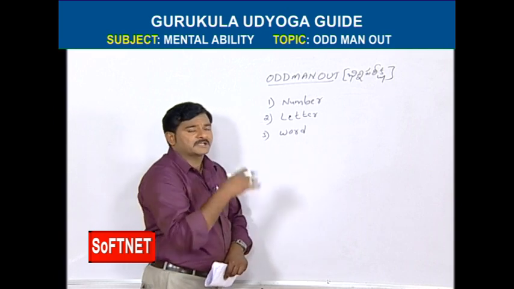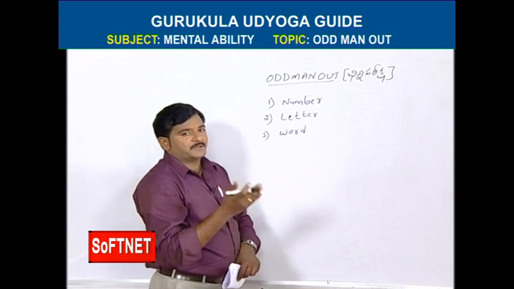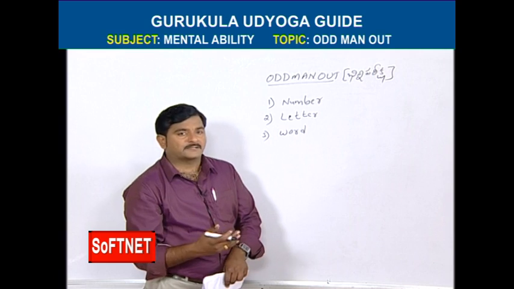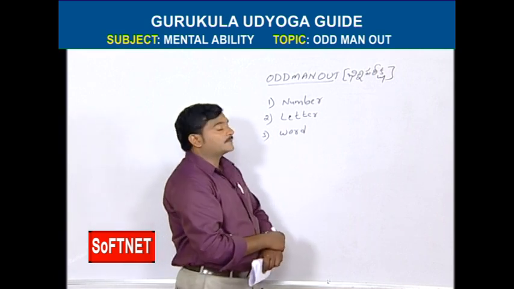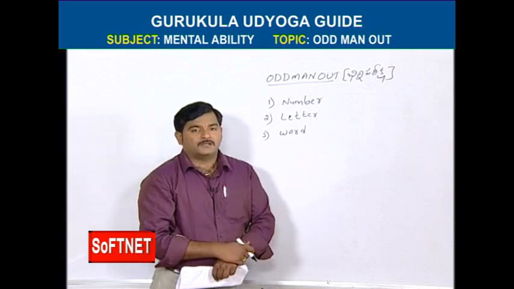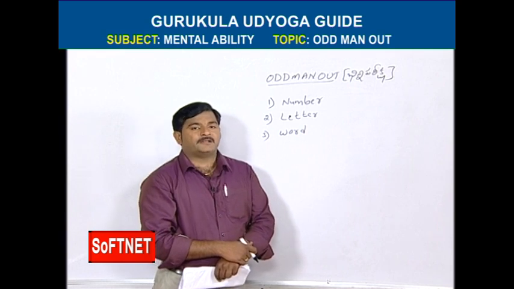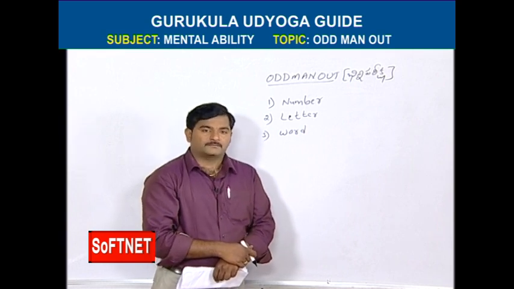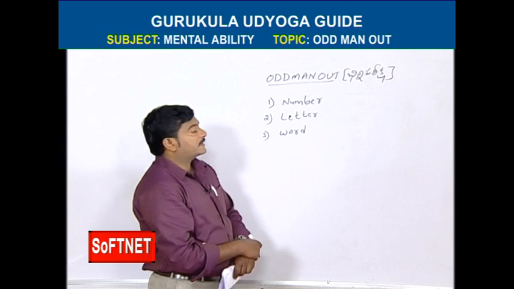Same as in analogy, where we saw letter analogy, number analogy and word analogy. Same in odd man out: number odd man out, letter odd man out, and finally word odd man out.